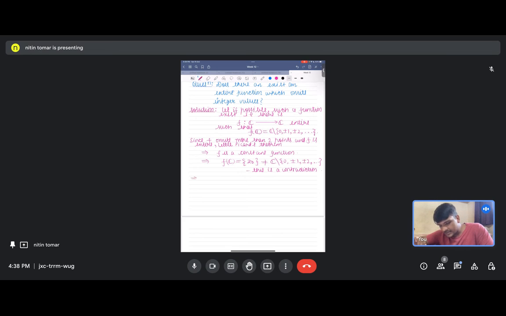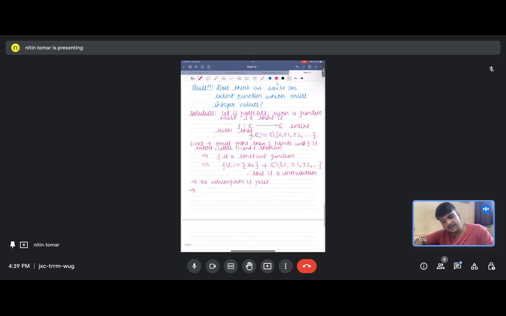So this implies the assumption is false. And what was the assumption? The assumption was that there is an entire function which skips integer values.